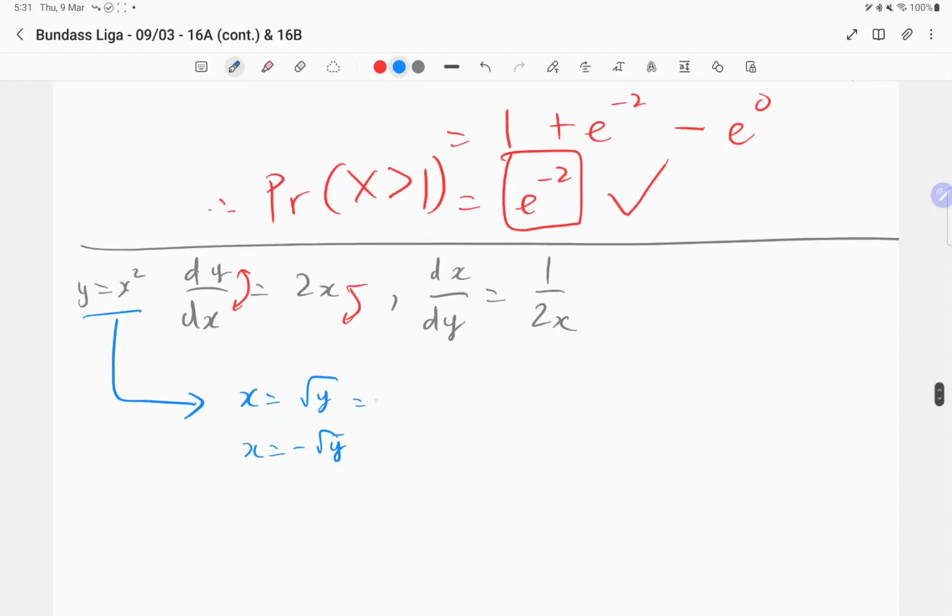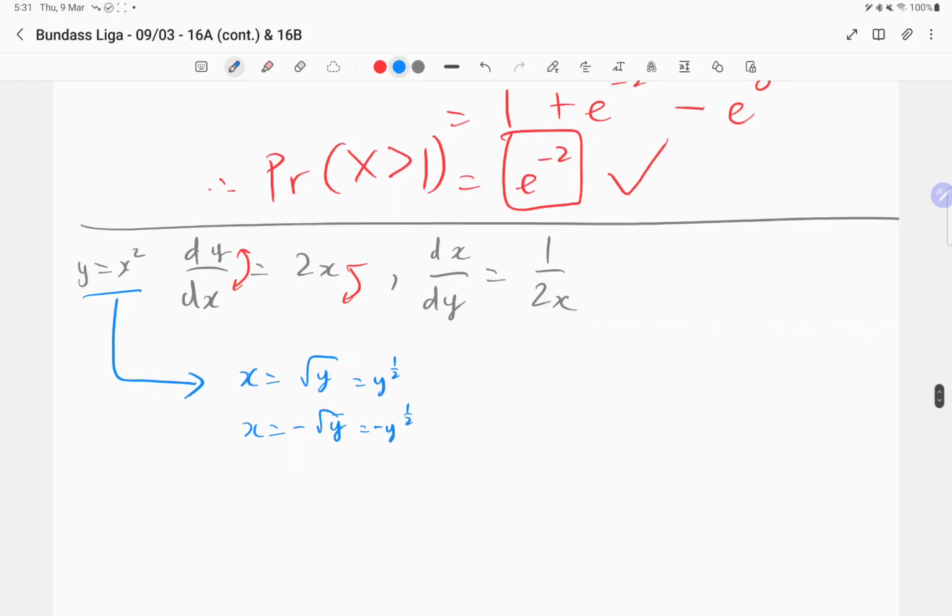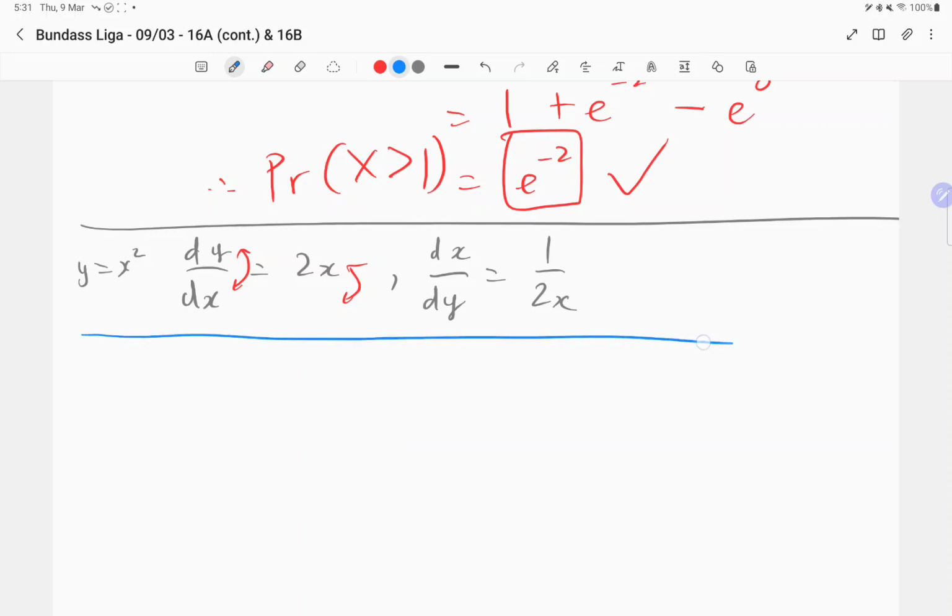So that would be y to the power 1/2, and negative y to the power 1/2. If you were to go dx over dy and then substitute the y value in, you would technically get the same thing. Does that make sense? That's why you would find dy over dx, and then flip that around to get dx over dy instead of trying to make x the subject.